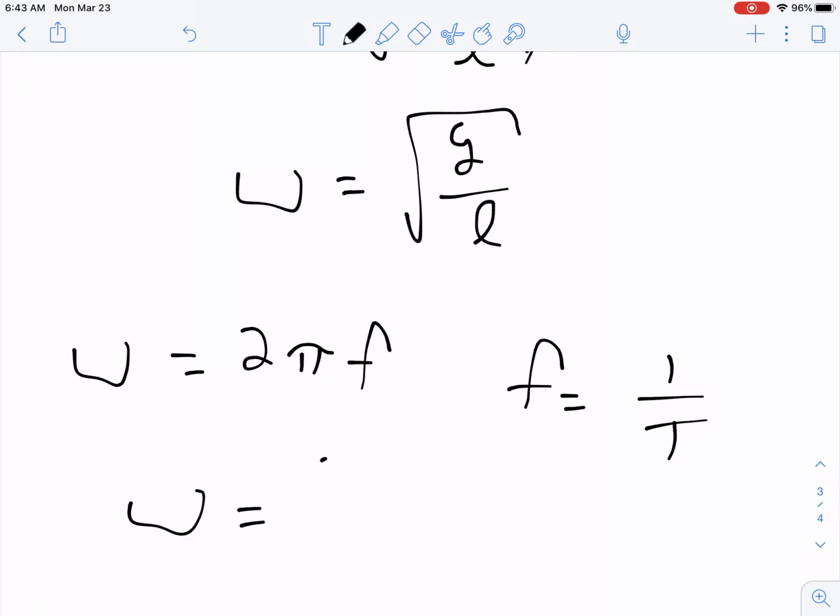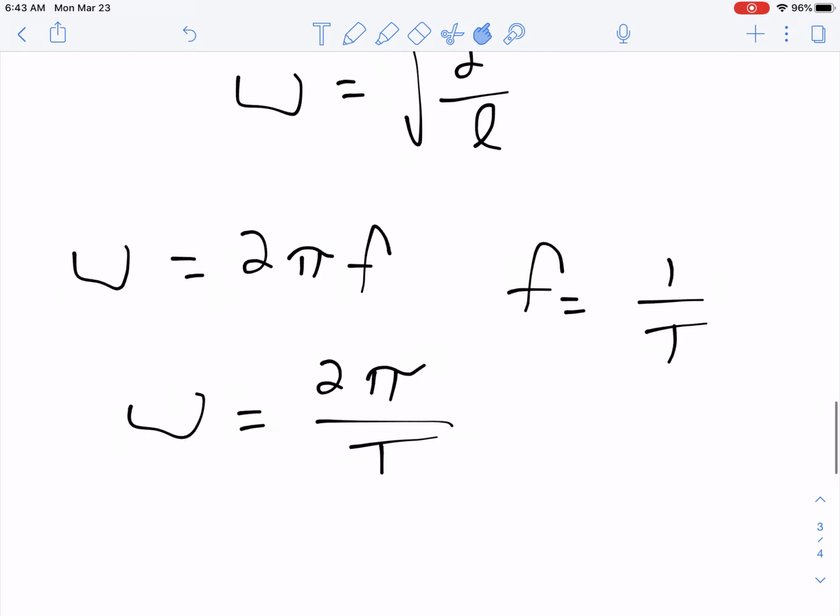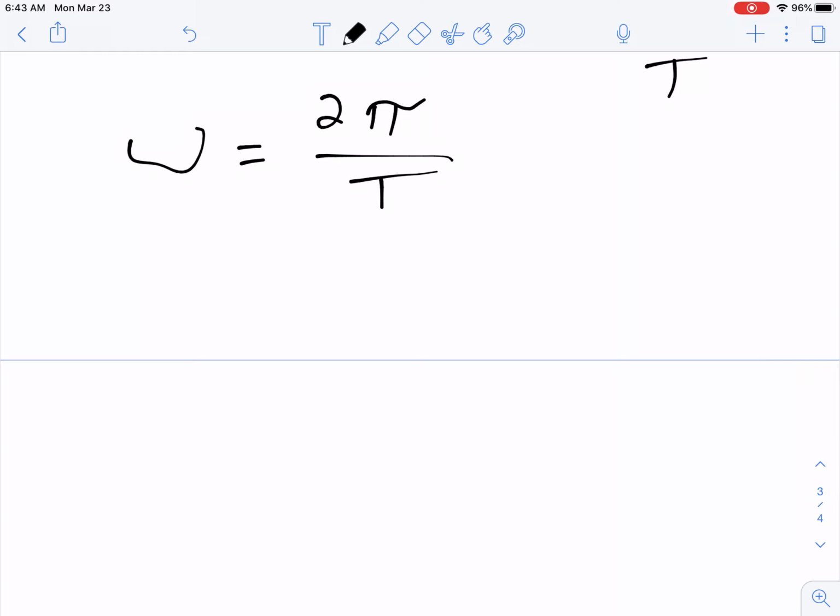So omega is 2 pi over the period, which means the period is simply 2 pi over omega.